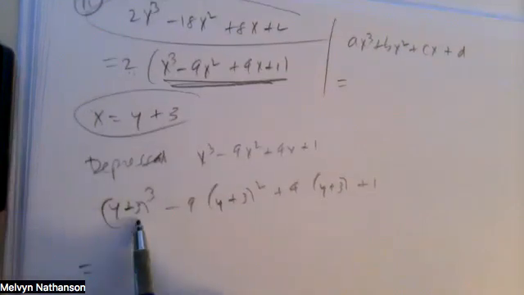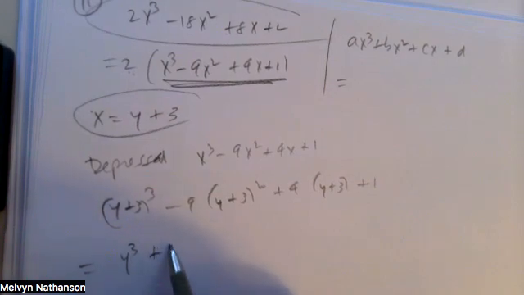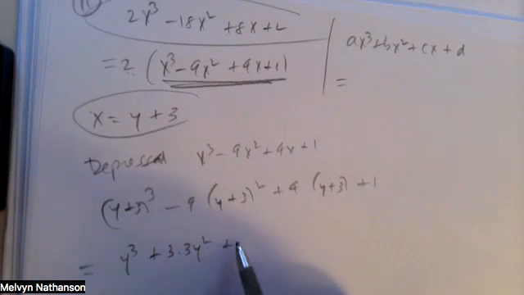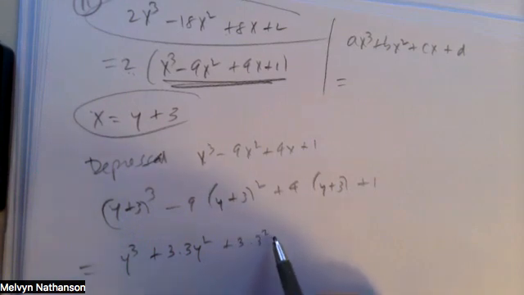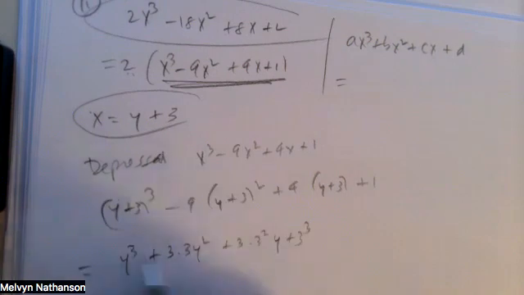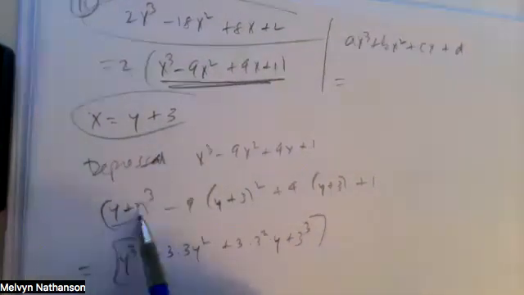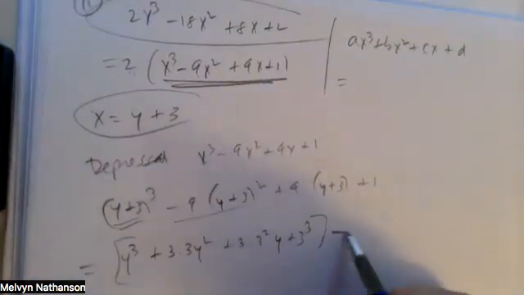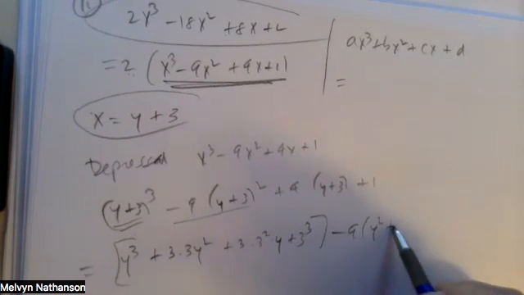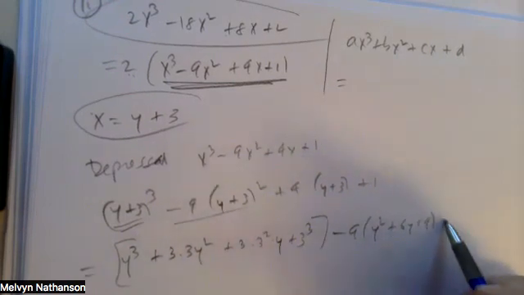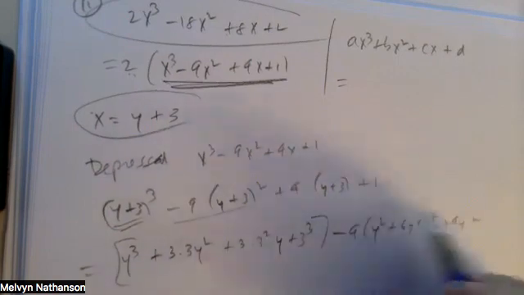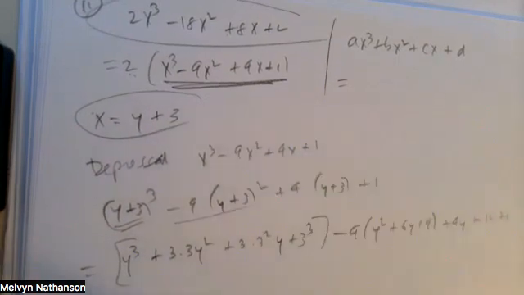So then I have to expand this using, again, the binomial theorem. How do you expand this? You get y cubed plus 3 times 3y squared plus 3 times 3 squared times y plus 3 cubed. That's this. This is minus 9 times y squared plus 6y plus 9, plus 4y plus 12 plus 1.